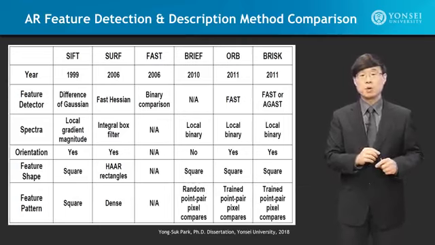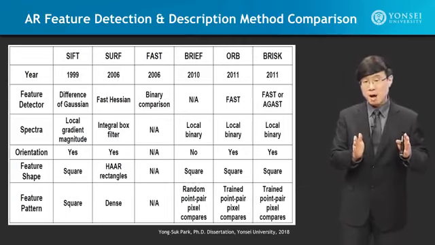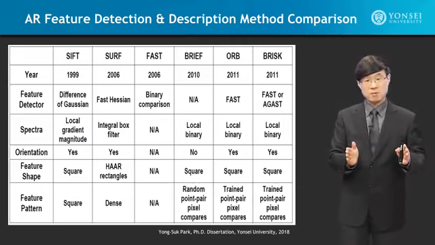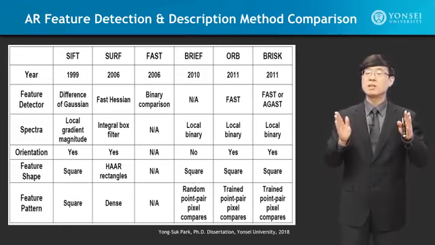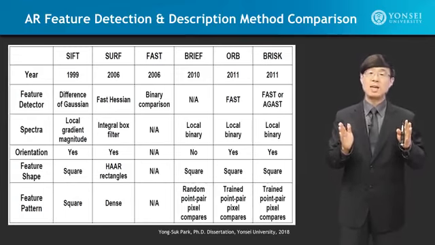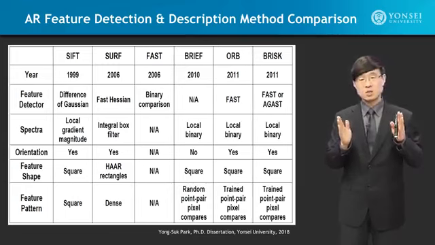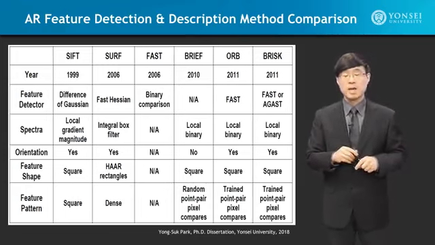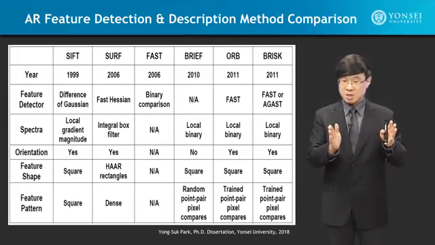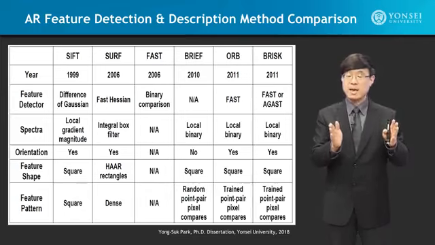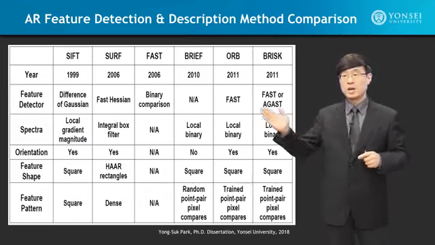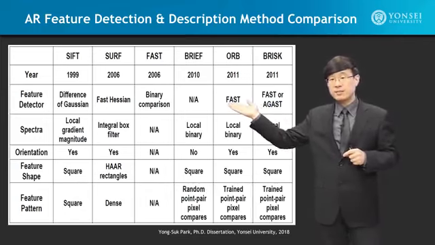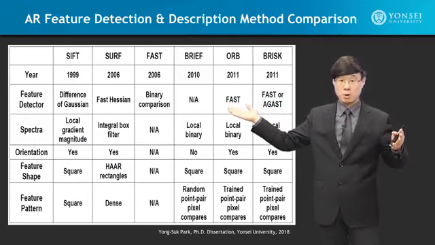But then, think about the modern day cameras on your smartphone. The resolution is much higher, and it grows every year as new smartphones come out. And as your cameras have higher resolution, the burden of processing SIFT became even more burdening.